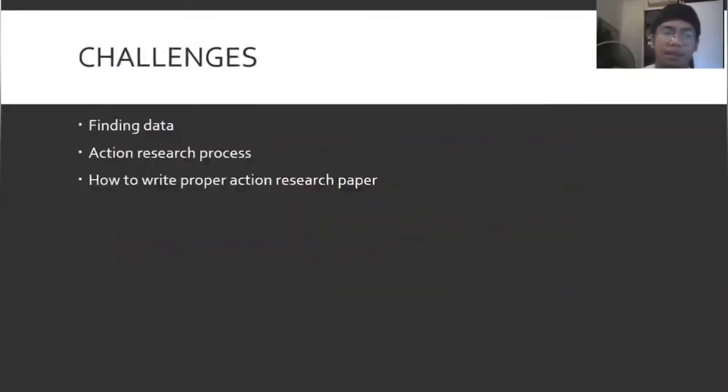And the challenges that I faced while writing this action research, I found that it is quite difficult for me to find the data by past researchers, as this method, the show and tell method, is not that famous in Malaysia, and it is still new because of the 21st century teaching method.